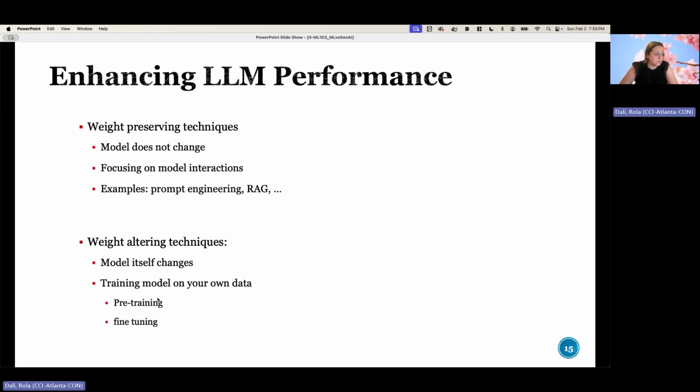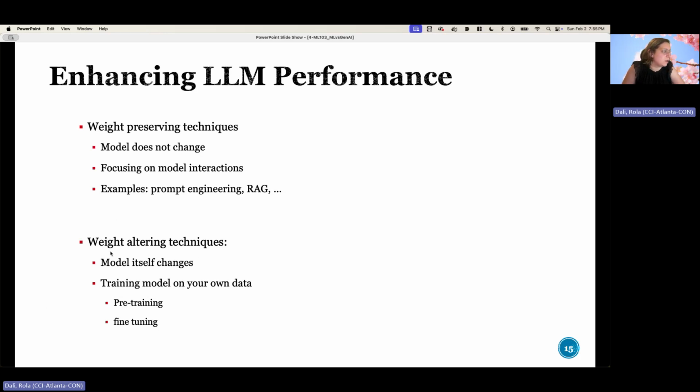There are weight altering techniques, so the model itself changes. And so you're fine-tuning. No, you're not pre-training. That is from scratch and too expensive, but you're fine-tuning so that you add a layer. There are a lot of different techniques like PEFT, parameter efficient fine-tuning, and quantization and so on, that have been made to make handling models a lot better.